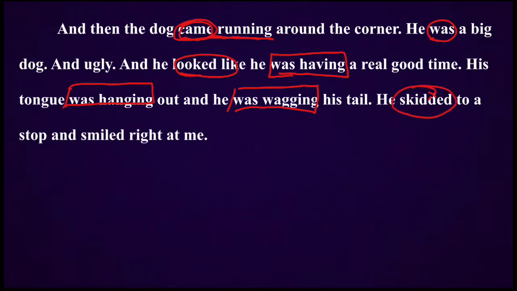So these are short actions. Skidded and smiled. So he was having a good time, he was hanging out, he was wagging his tail. Those were long actions. But then he came to her and it said he skidded or slipped to a stop and smiled. So these are 2 short actions. So the ing ones are long actions and these 2 are short actions. That's why they're using the past simple for those ones.